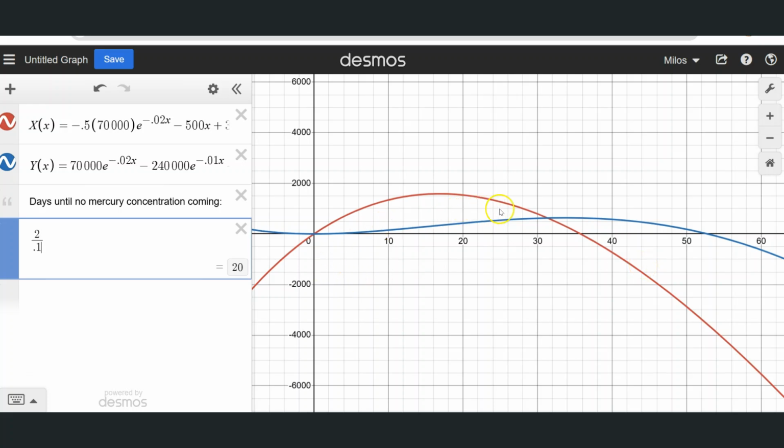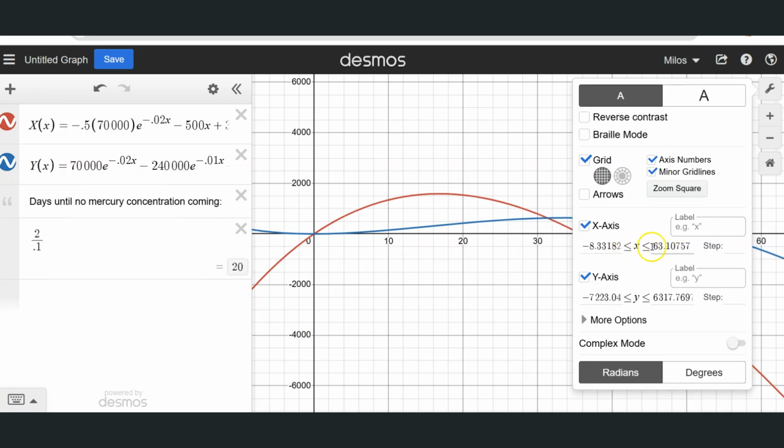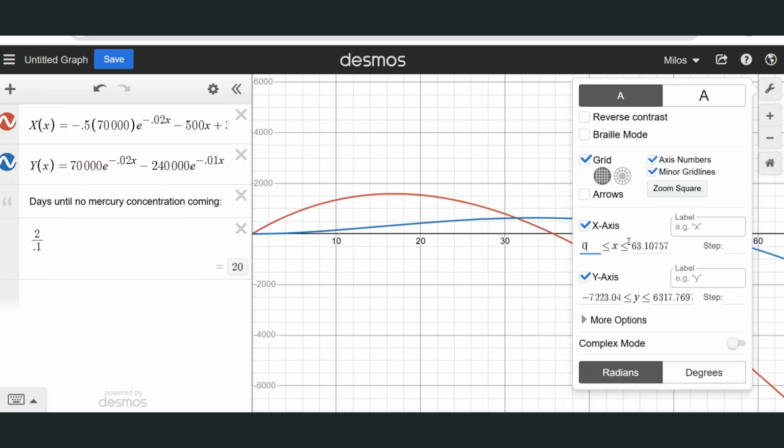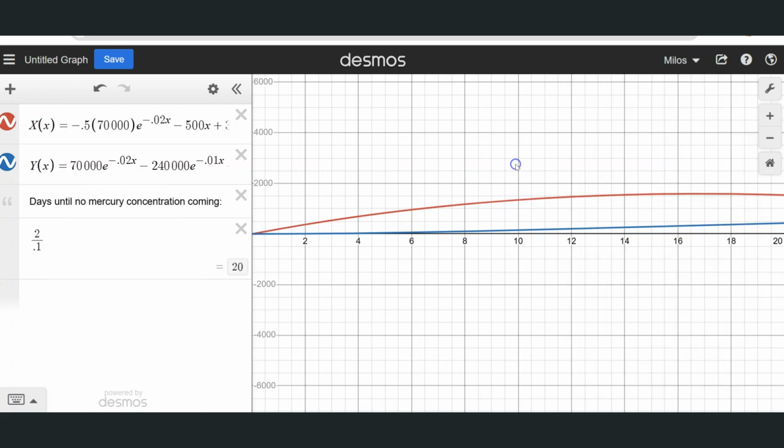Now there's always going to be a little bit of a lag, right? Because even though after 20 days the concentration is 0, let me go ahead and change this domain to set our x-axis to go from 0 to 20. Nothing beyond that we want to consider, right?